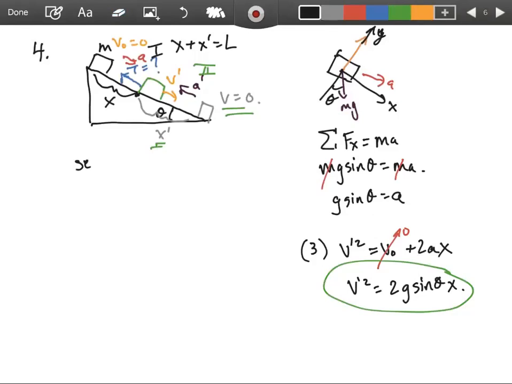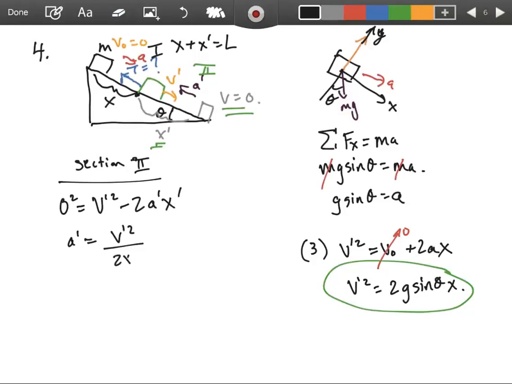So for section 2, we can say that our final velocity squared, which is 0 squared, is equal to my initial velocity, which is v prime squared, minus 2 times my acceleration a prime times the distance x prime. Pardon me. So from here, a prime is going to be equal to v prime squared divided by 2 times x prime. Now let's put in v prime squared. So this then becomes 2 times g times sine theta times x divided by x prime.